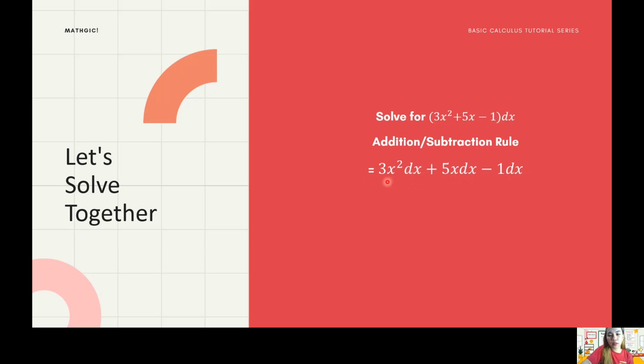The derivative of the first term, 3x squared, we're going to use the power rule, which will give us 6x. While the second term, we're going to use the constant multiple, which will give us 5. And the last term, we're going to use the constant rule, which will give us 0. So we have here 6x plus 5 minus 0, or 6x plus 5.